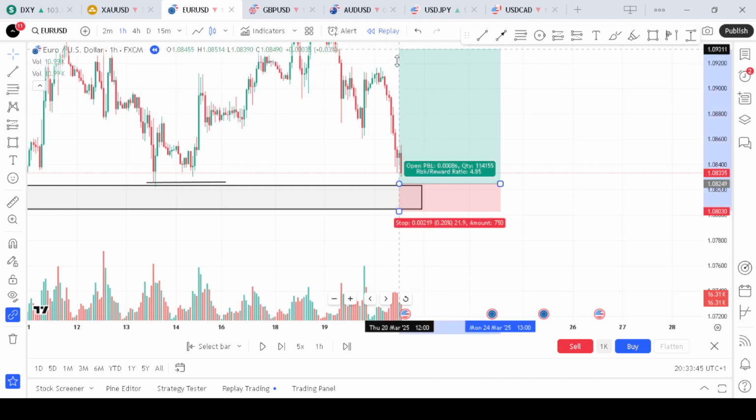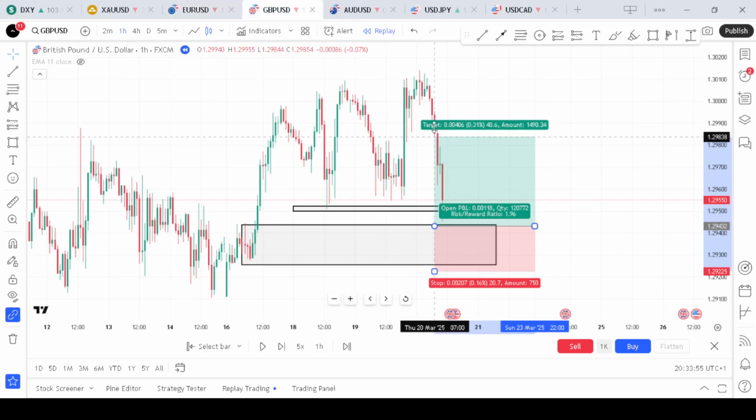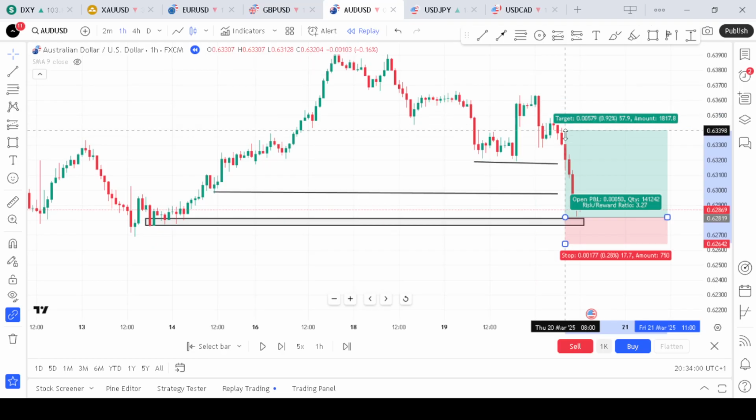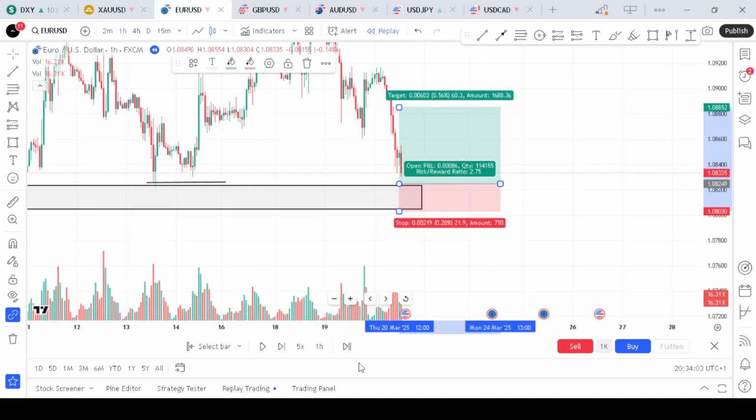So you set a take profit of at least 1:2 risk to reward on each of these pairs. And we let it play out.